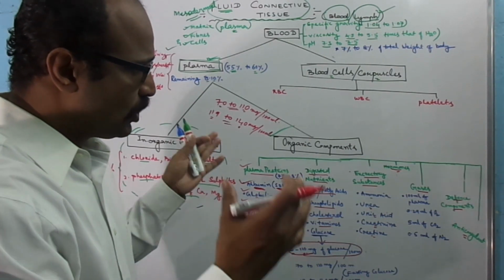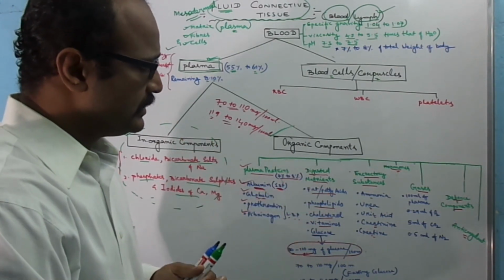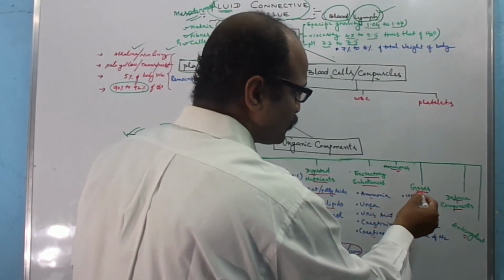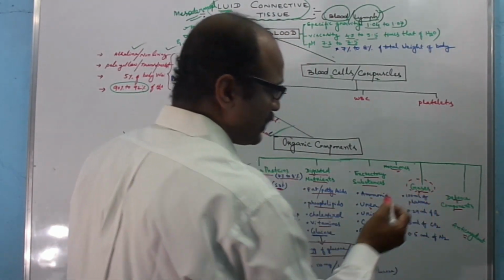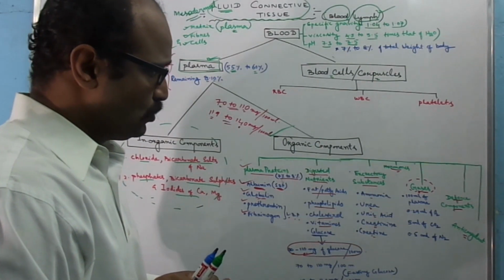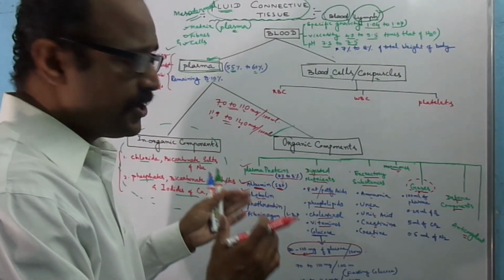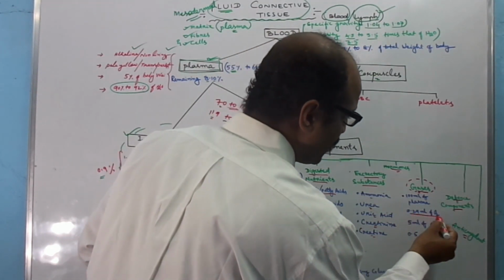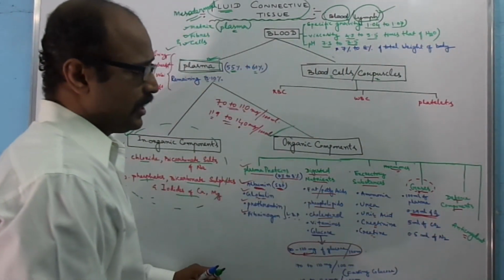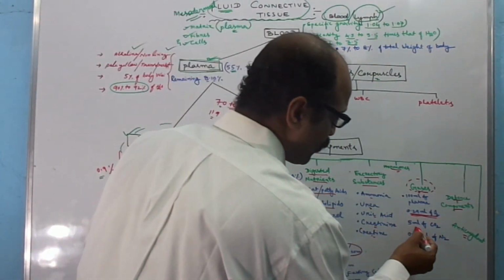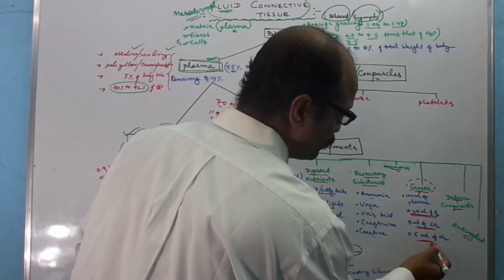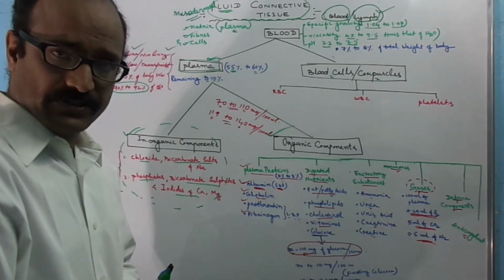That's why hormones are present inside the plasma. Some gases are also present in plasma in dissolved condition. So 100 ml of blood contains 0.29 ml of oxygen, 5 ml of carbon dioxide, and 0.5 ml of nitrogen gas.